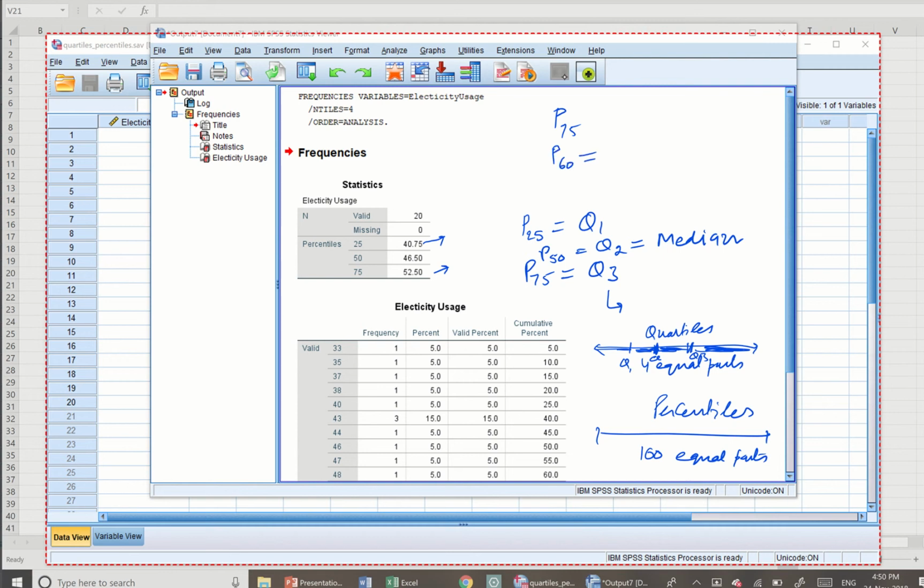The 60th percentile would be equal to the size of 0.60 into n plus 1 items. So it would be equal to the size of 0.60 into 20 plus 1 item. So this way we can calculate the value of P60.